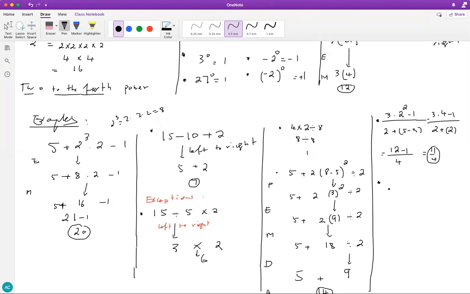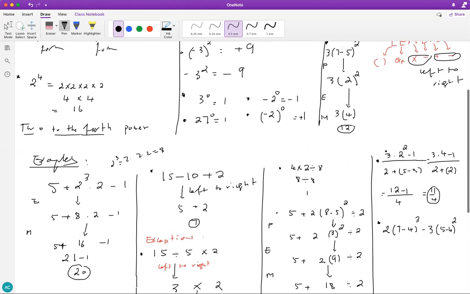So let's say 2, 7 minus 4 to the third minus 3 and... it's an example of another expression with multiple parentheses.